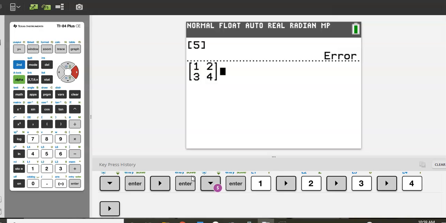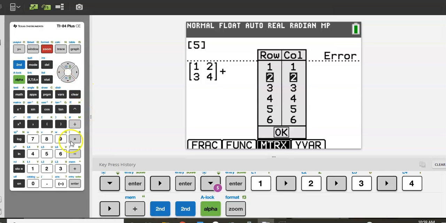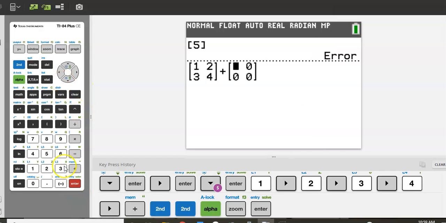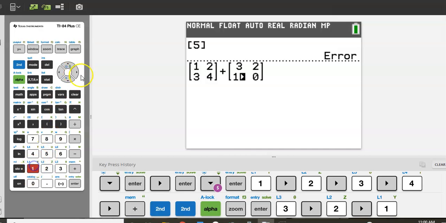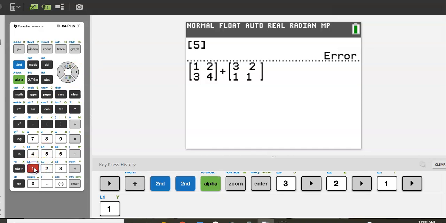That being said, if you're going to add matrices together, they have to be the exact same size. So I'll put something on the calculator screen here. I'm going to put in another 2 by 2, and I'm going to add 1, 2, 3, 4 to 3, 2, 1, 1, just for fun.